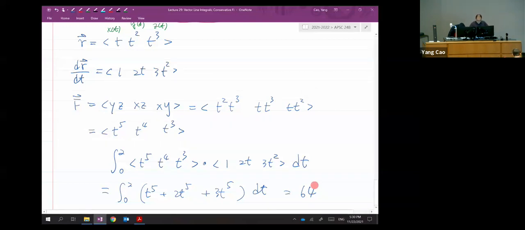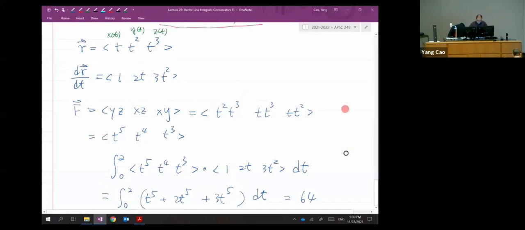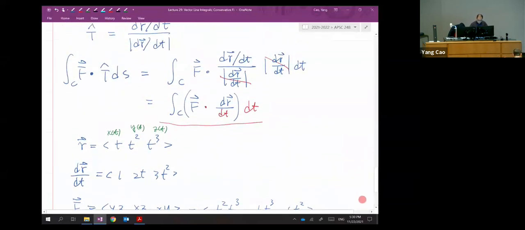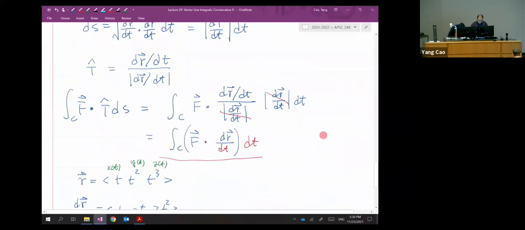So if we revisit this question in here, let's see what's involved, right? When you're required to calculate a vector line integral, ultimately you don't really have to use this formula. You're using this formula here.